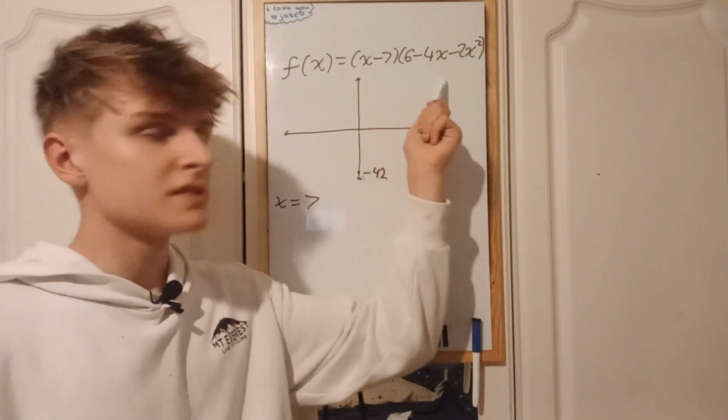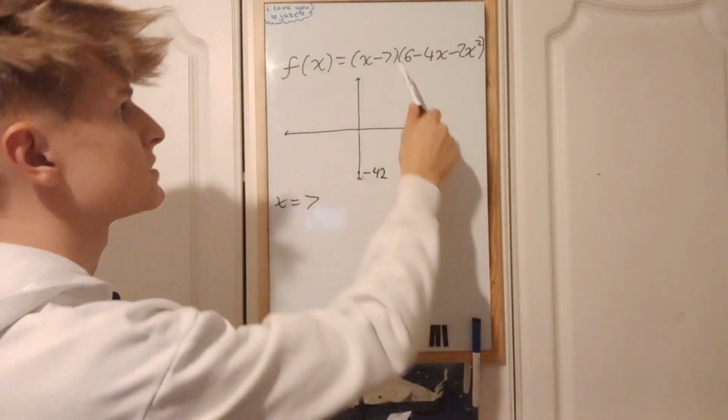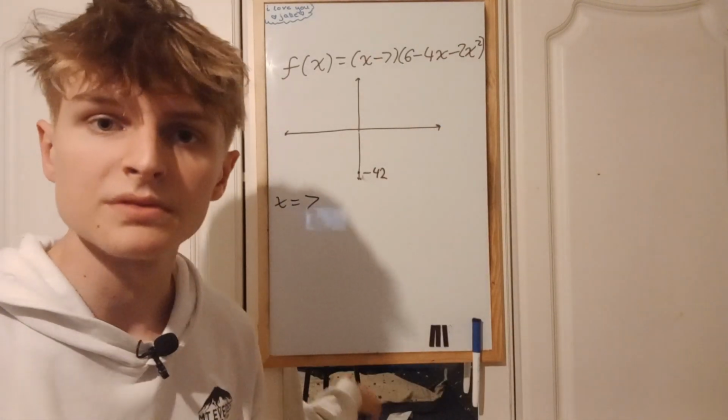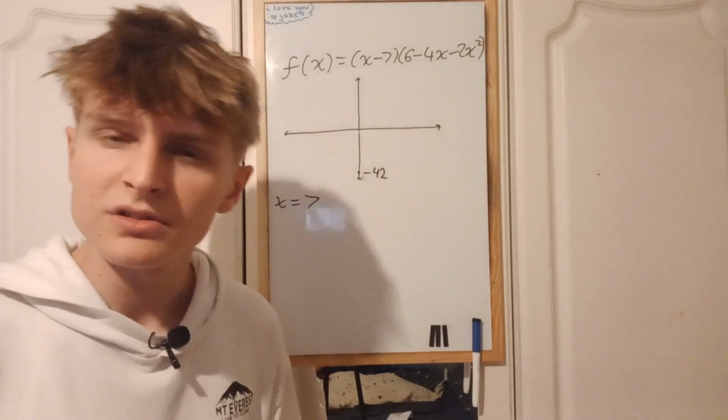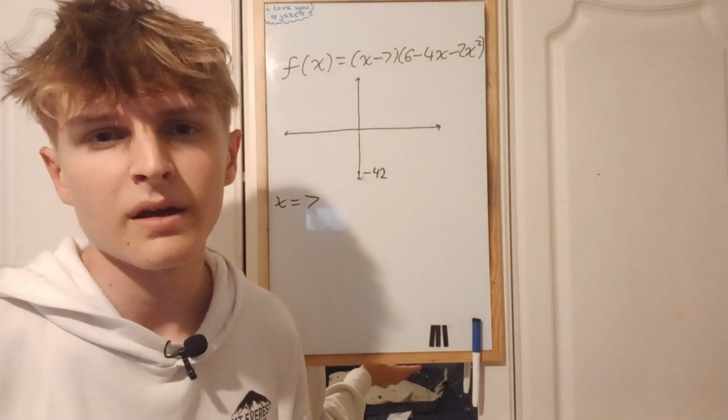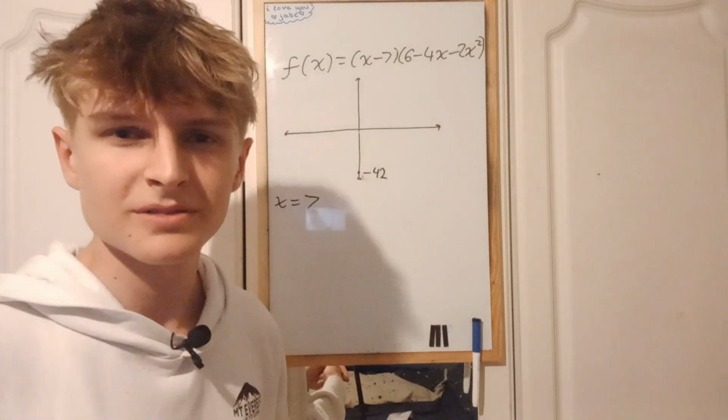Now, to get the other two solutions, we're going to have to solve this quadratic factor when it equals 0. And oof, it's got a negative coefficient. I'm just going to use the quadratic formula, guys. I hope you're okay with that. And if you're not okay with that, watch my video deriving it.